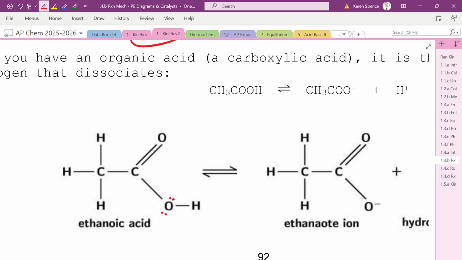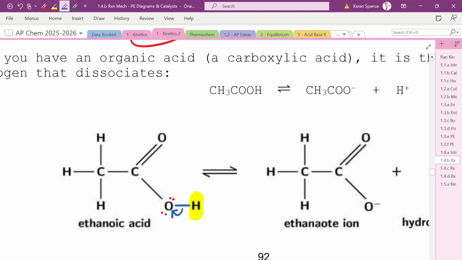And the property of an acid is that when it dissociates, it gives off hydrogen ions. Why is it that it is this hydrogen here that says, oh, little bond, I will let you go. I will let you jump onto the oxygen.